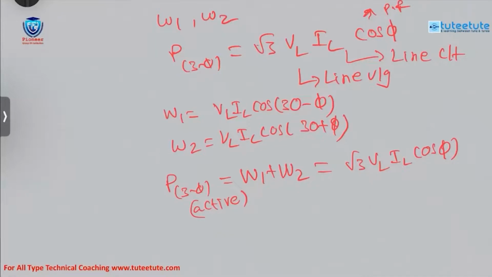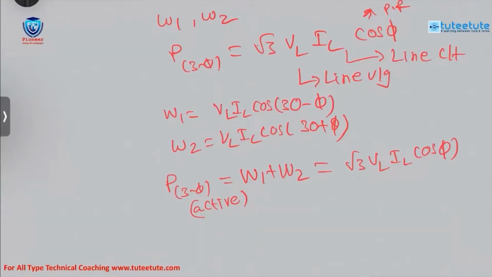Wherever in electrical subjects a magnetic field is developed with the help of electrical energy, there we need reactive power. Just remember that concept. Reactive power is responsible for production of magnetic field in electrical devices.